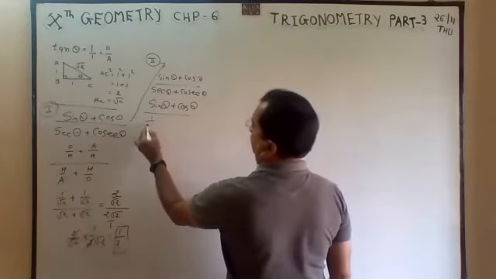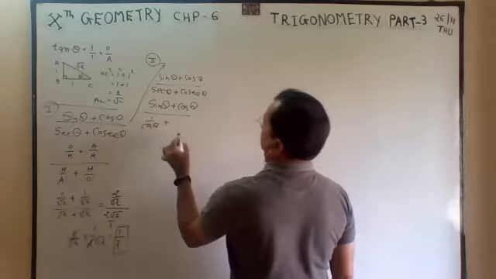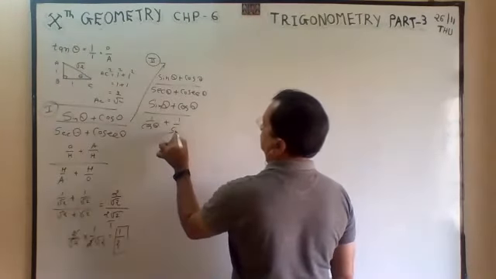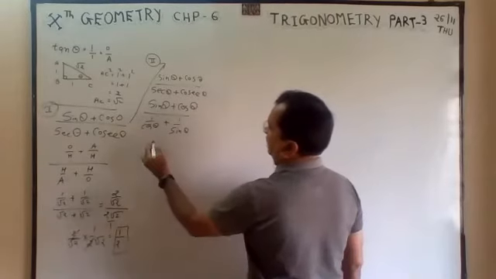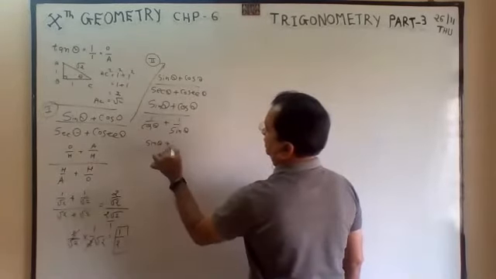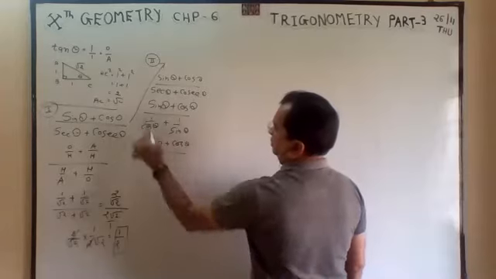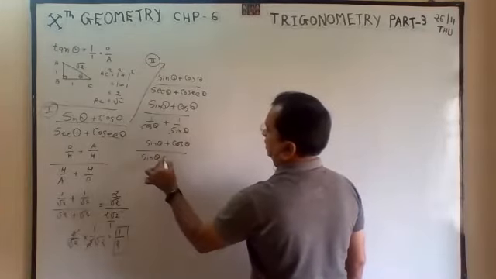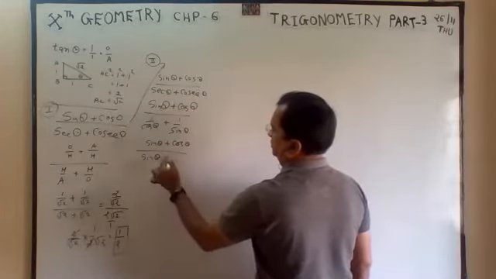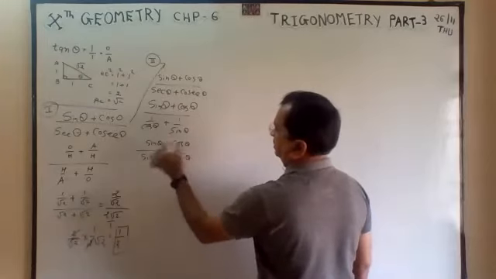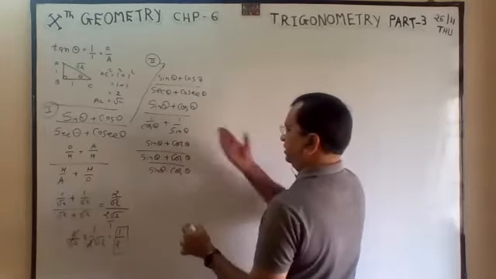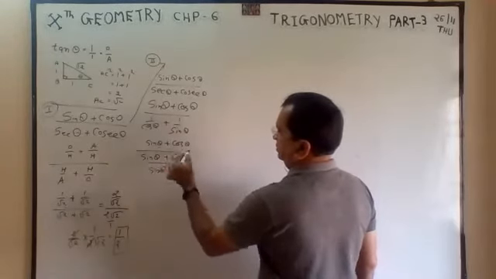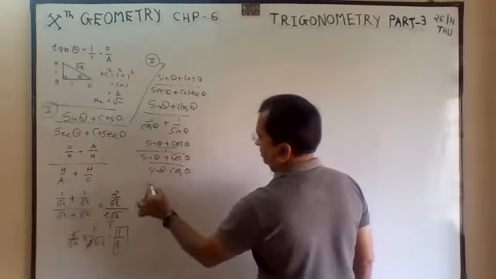Sec is equal to 1 by cos theta. This is equal to sin theta, this will be the same, sin theta, cos theta, cross product. Sin theta plus cos theta divided by sin theta cos theta. Invert. Okay, this you can write as by 1.